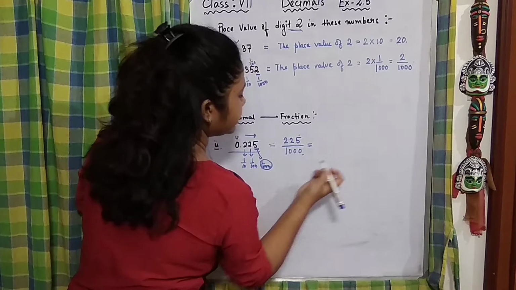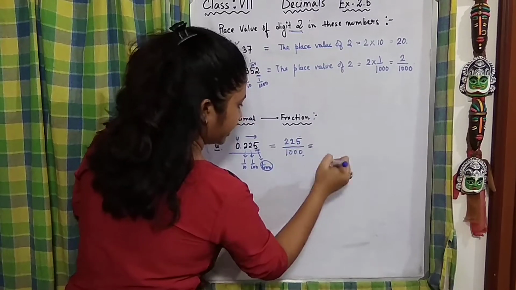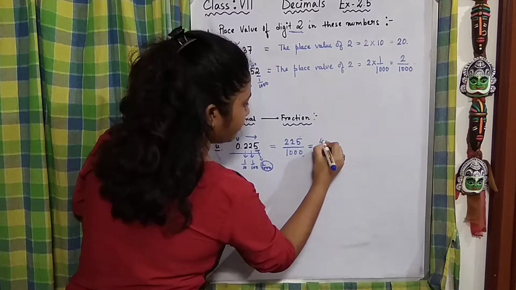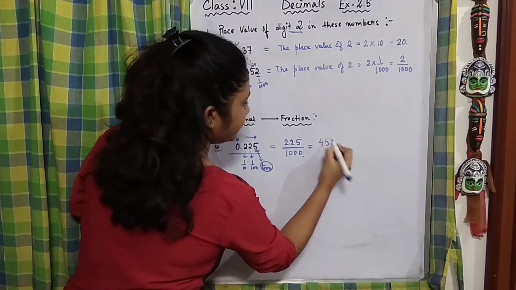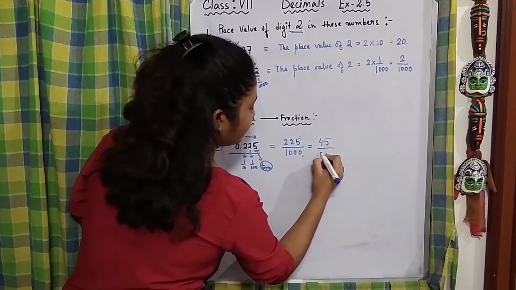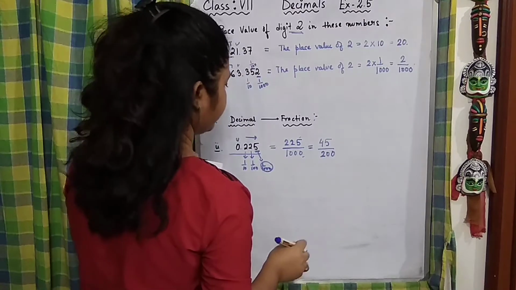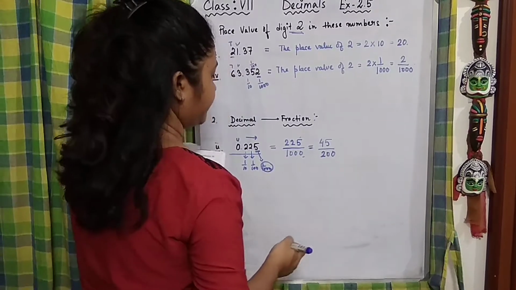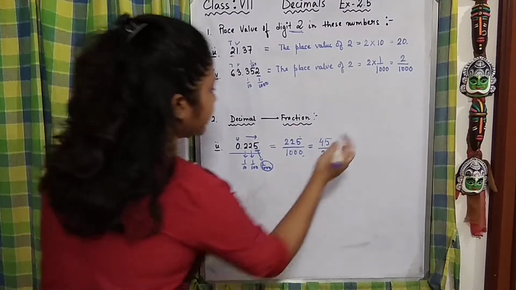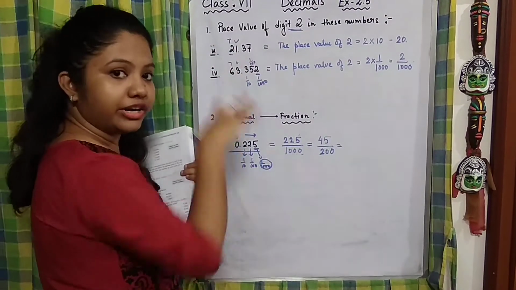When we divide 225 by 5, it will give 45. And when we divide 1000 by 5, it will give 200.